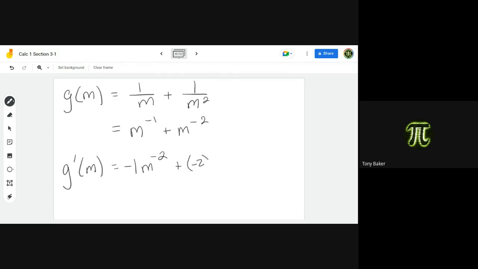The -2 comes down. -2 minus 1 is -3. So now we have -1 over m to the second minus 2 over m to the third. That's your derivative.